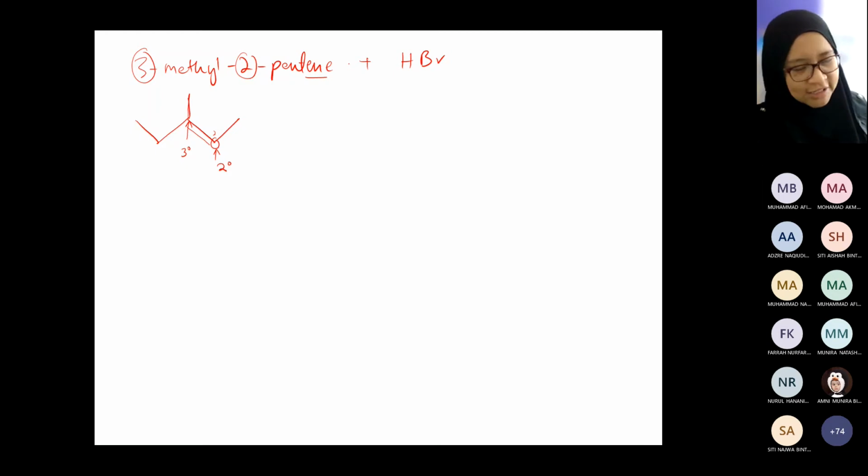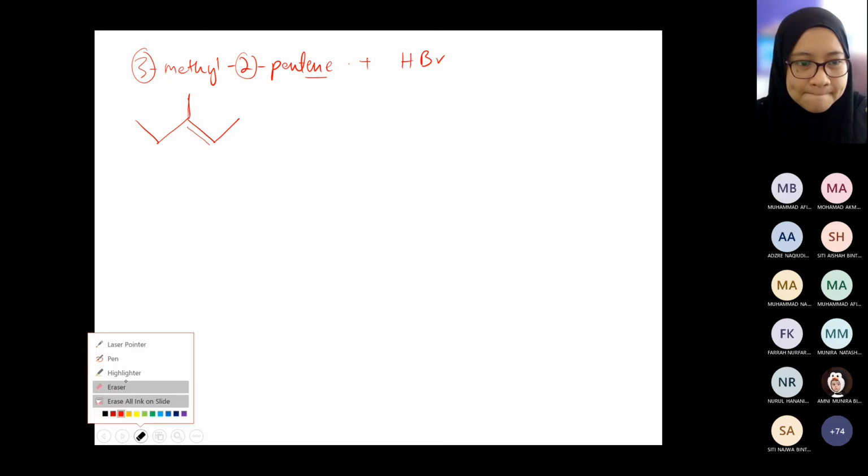So during the formation of the product, there will be the formation of secondary and tertiary carbocation. But the one that is based on Markovnikov will be the tertiary lah. Tertiary maksudnya dia akan form as major product. Saya clearkan everything supaya tidak serabut.